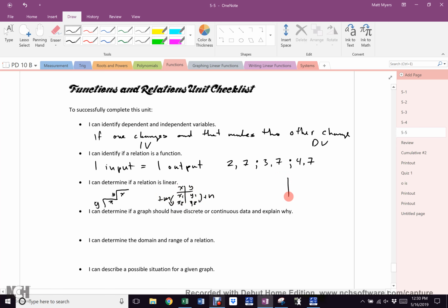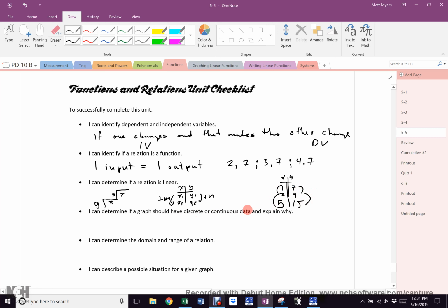Is this linear? Is that linear? Yes, of course it is. Because for every 1 I go over, I go up 2. So here I went over 3, so I went up 6.